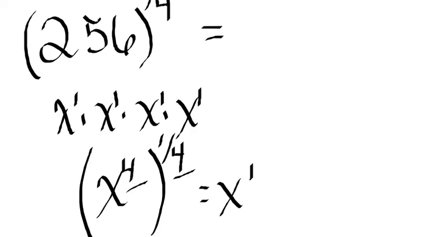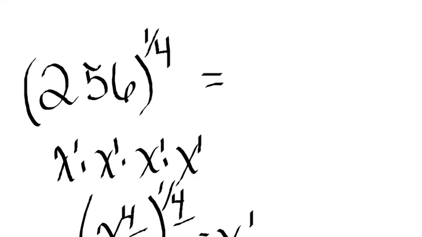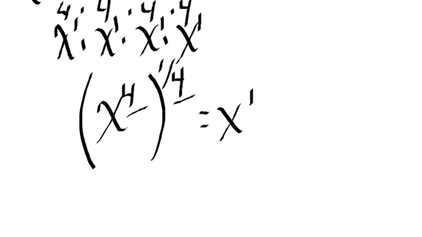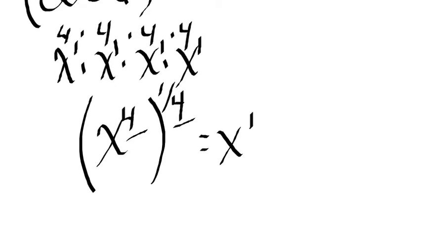What about if it were 4? This would be 4 times 4 times 4 times 4. 4 times 4 times 4 times 4 is 256. Okay, I'll let you in on that secret. So think about that. You have now 4 to the 4th power, and it's all raised to the 1/4.